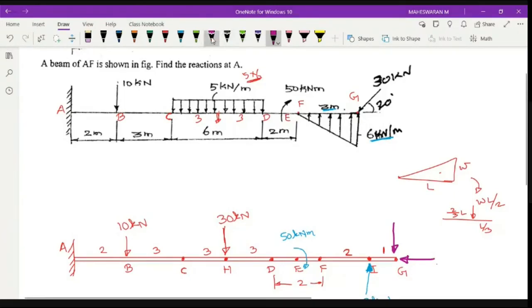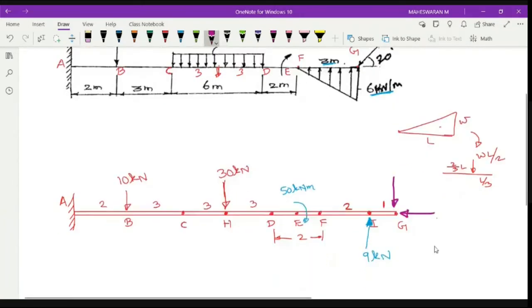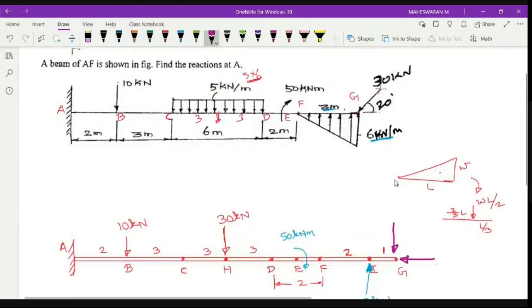Because this is in which quadrant? If I put a plus here, it is in third quadrant. Third quadrant, both are negative. So I have to indicate it like this. So resolve this. So 30 sine 20 and 30 cos 20. Those are the two values you will get, right? So this will be 30 sine 20. And this will be 30 cos 20.